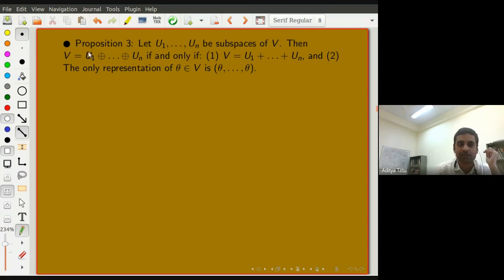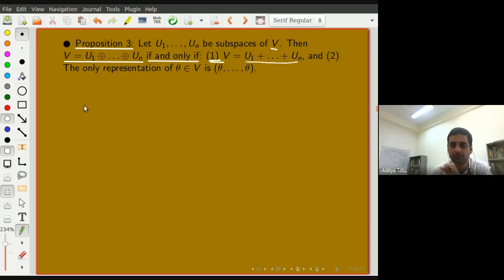What is it that is required for a sum to be a direct sum? That is proposition 3. If I have n subspaces of the vector space V, then V is equal to the direct sum of these n subspaces if and only if two conditions hold. Since I'm writing the entire vector space as the sum of these n subspaces, the first condition is that the entire vector space V has to be the sum of these n subspaces.